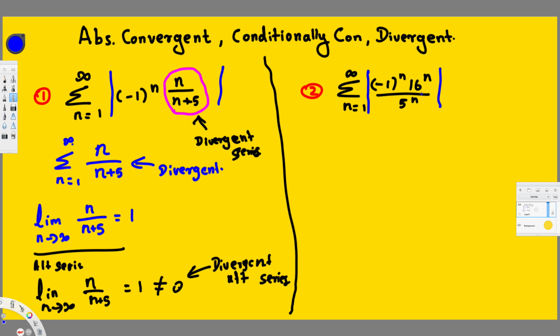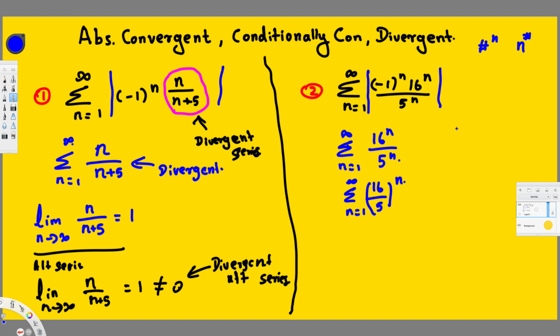So we only take this part, 16 to the power n over 5 to the power n, the sum from n equals 1 to infinity. As you can see, this is a geometric series because we have a number to the power n. If we have n to the power of a number, that's a p-series. If we have a number to the power n, that's a geometric series. So we can write this as the sum of 16 over 5, to the power n.